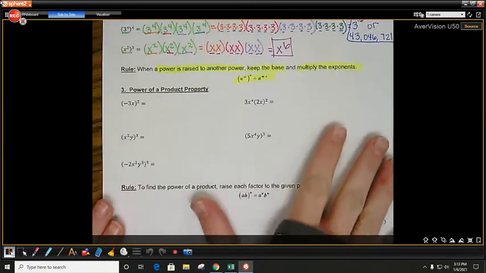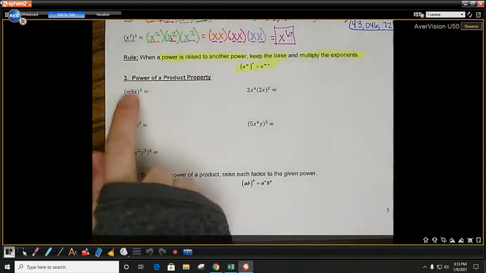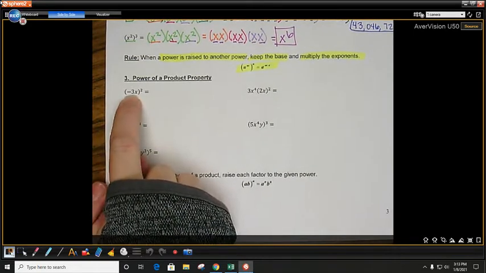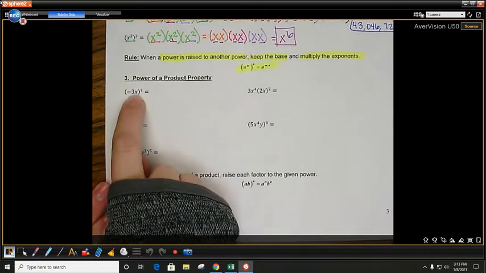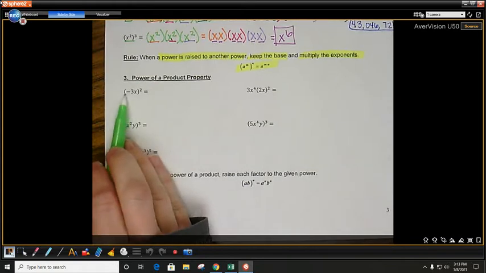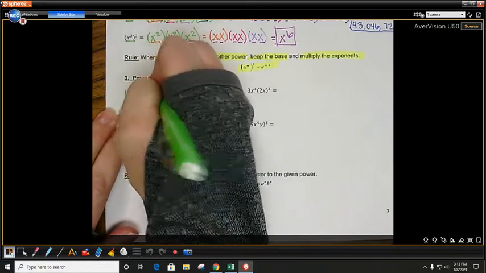Okay, next we're going to do a power of a product property. Notice inside my parentheses, I have 2 bases. I now have my -3 and I have my x. But I have parentheses to the second power, so the same thing we did in the last section, we're going to write our parentheses out twice.